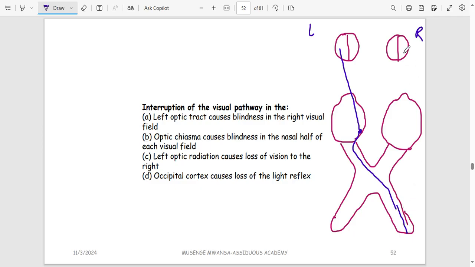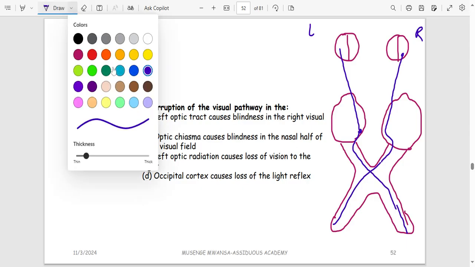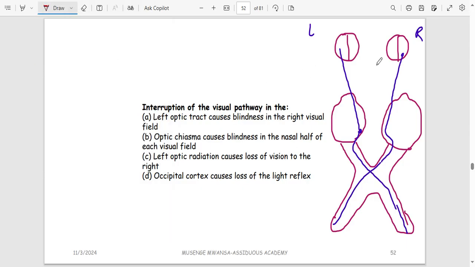And then what is also coming from this other side is also coming to hit here, and then the fibers are still decussating. But then what is coming from the opposite side, in this way it is hitting here and then it is not decussating at all. Same way with this side, going like that.